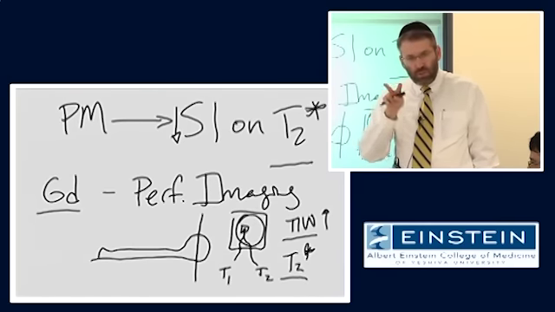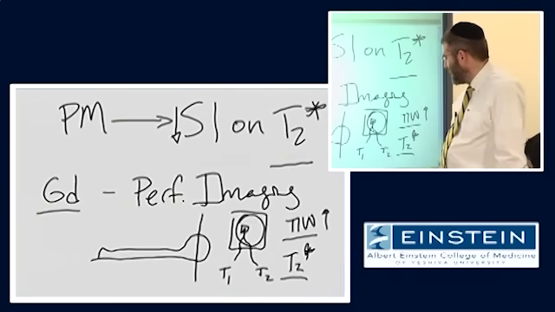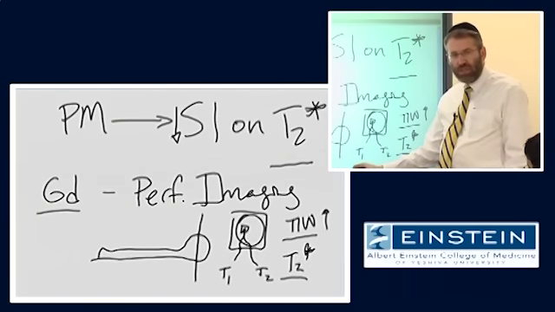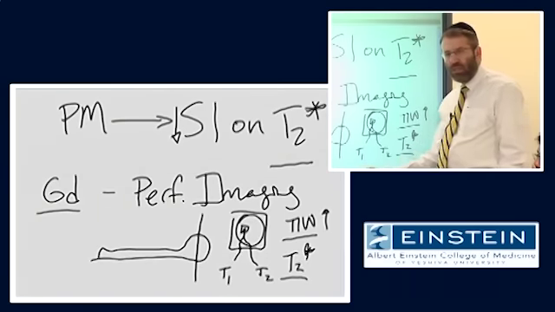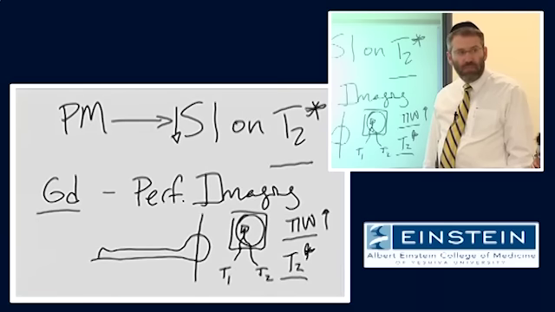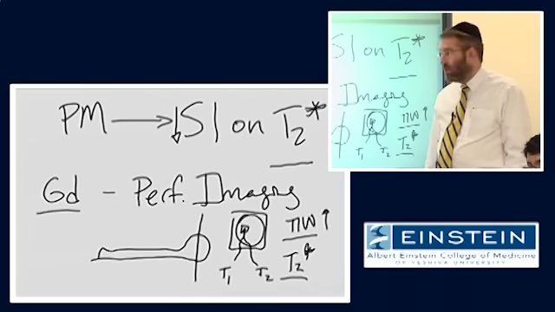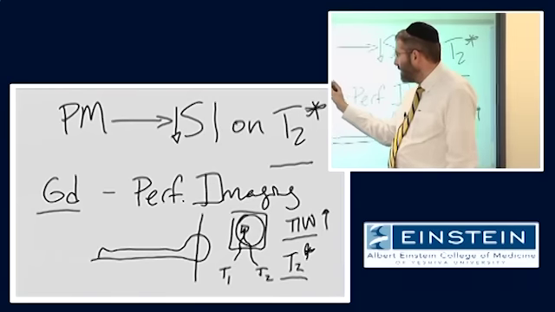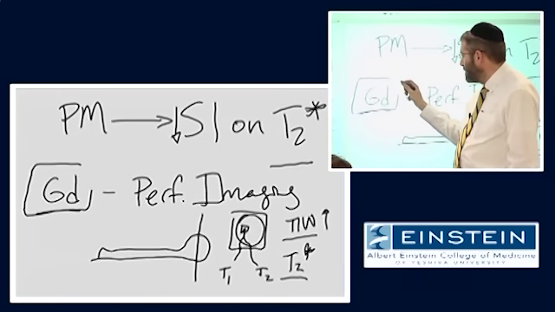And I compare two regions of interest, exactly what I've shown you here. And I compare the signal on the pre-contrast T2 star weighted image and the post-contrast T2 star weighted image. Will there be any difference in the signal intensity? Yes, no, maybe?